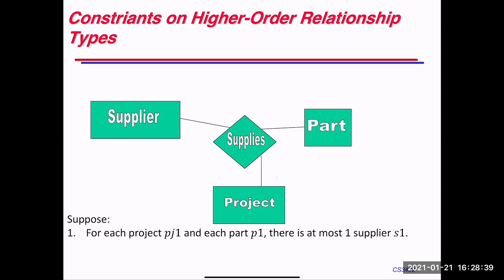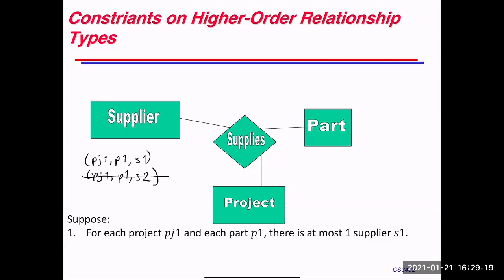Basically, this means that I can have a relationship PJ1, P1, and S1, but I can't have another relationship in my relationship set that says PJ1, P1, and S2, where S2 is a different supplier. That's not possible according to this requirement.